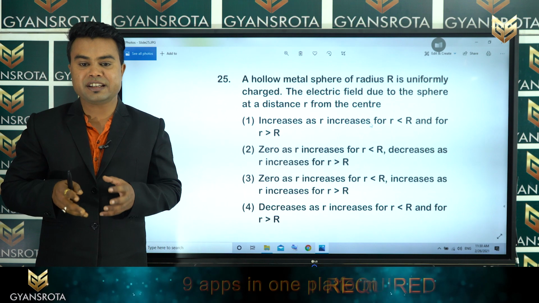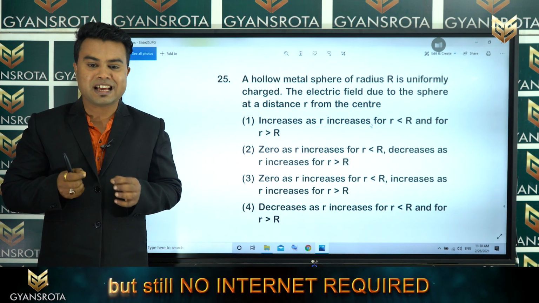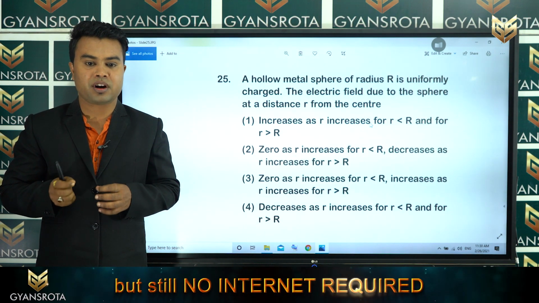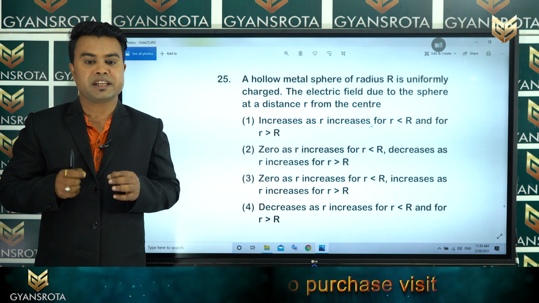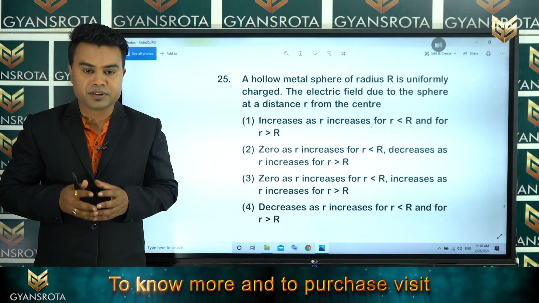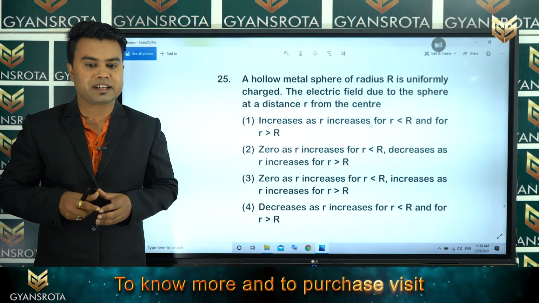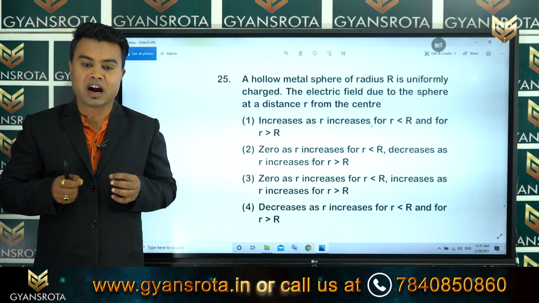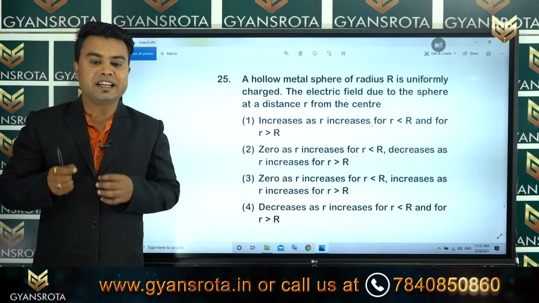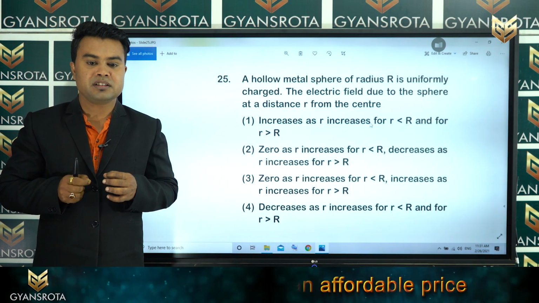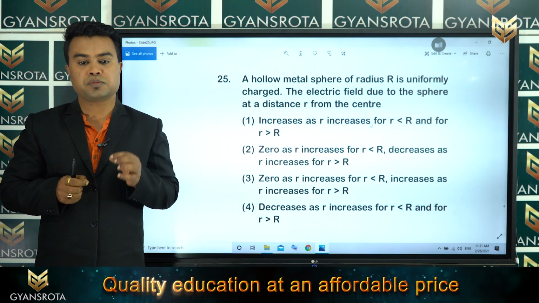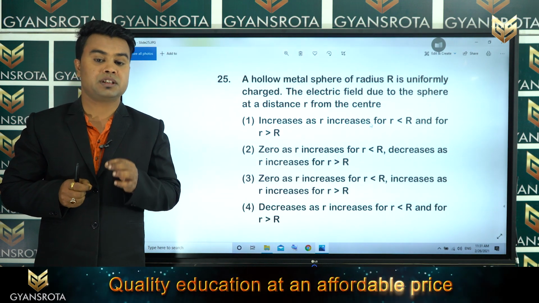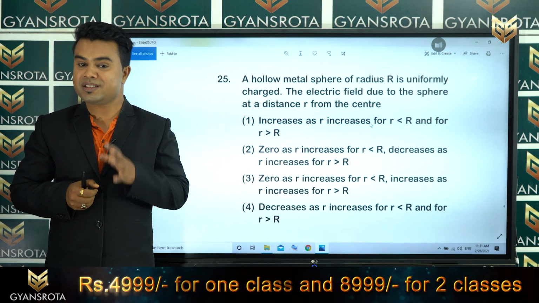Option 1: increases as r increases for r less than capital R and for r greater than capital R. Capital R is the radius of the sphere, as we know. So this is not the correct answer. Number 2, 0 as r increases for r less than capital R, decreases as r increases for r greater than capital R. So option 2 is correct.